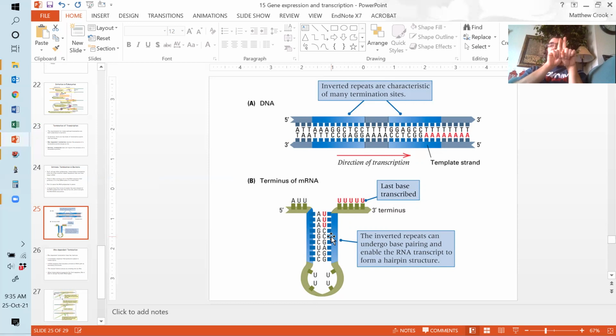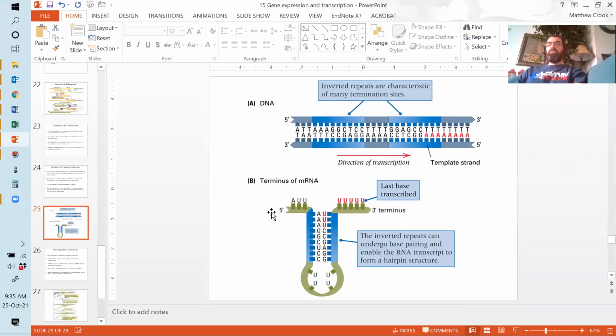This is critical to a lot of aspects of transcription, particularly in bacteria. So keep that in mind: these RNA molecules can form structures, and those structures have a role. They're very important.